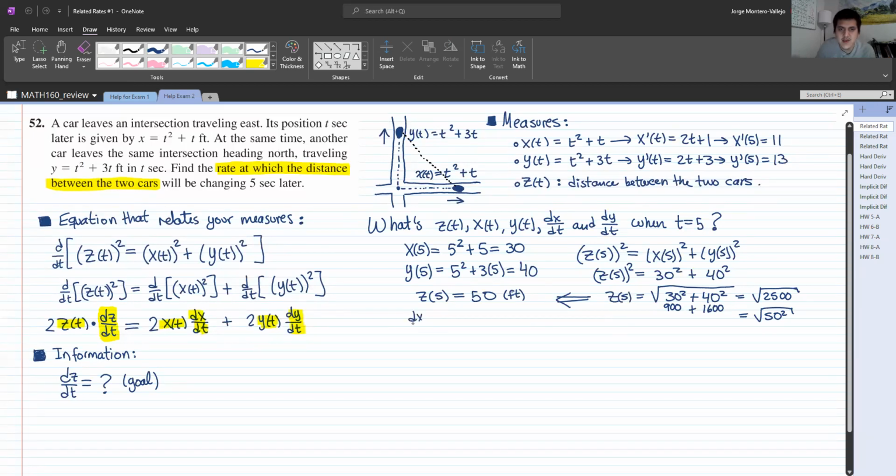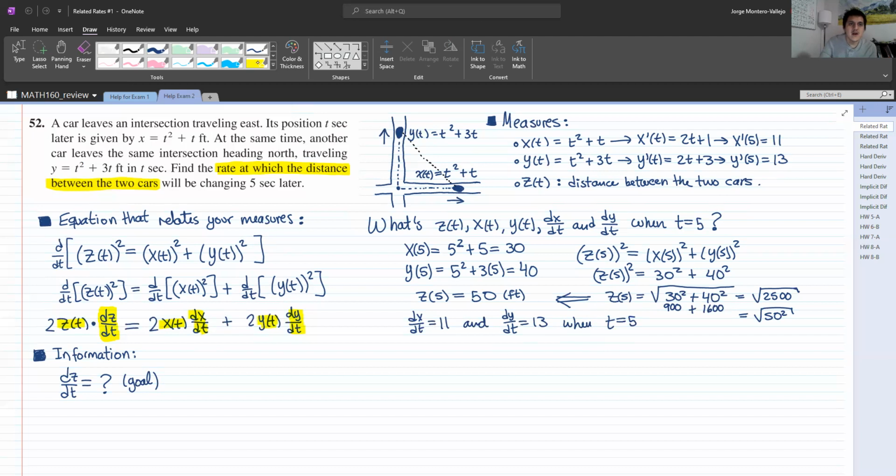Okay, so dx/dt is 11, and dy/dt is equal to 13 when t is equal to 5. All right, so we are pretty much done figuring out the 5 things that we needed to plug into our equation, right?